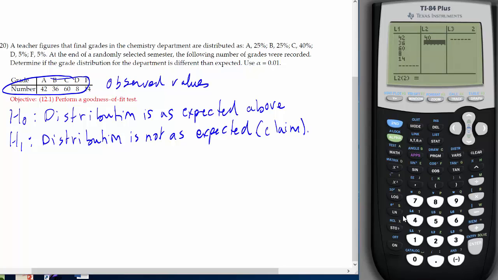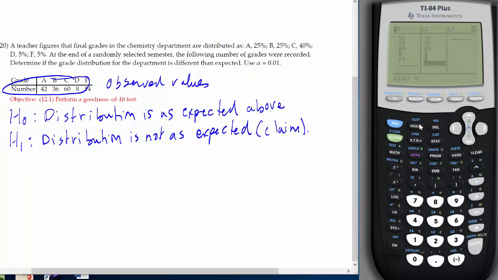B is 25%, so it's going to be 40. Again, it's a percentage of the total. C is 40% of 160, so 10% is 16, that would be 64, and 5% of 160 will be 8, and another 5% will be 8.